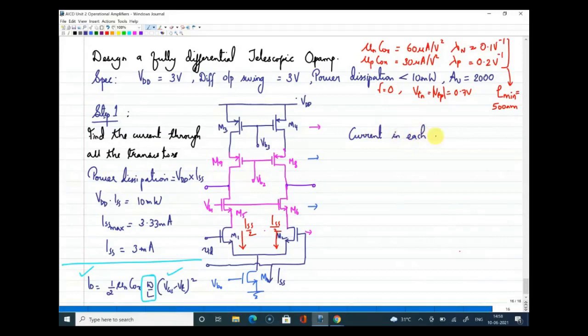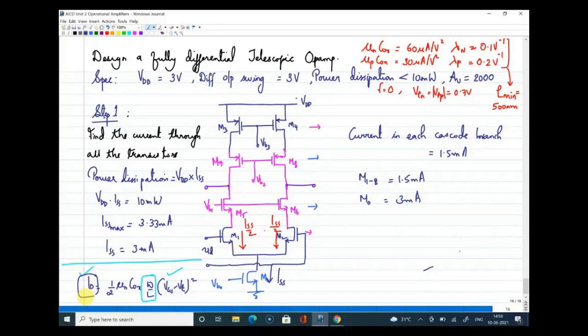So current in each cascode branch is equal to 1.5 milliamps. So that means transistors from 1 to 8 will carry 1.5 milliamps of current, and transistor 0 will carry 3 milliamps of current. So with this, we got the current flowing through all the devices, ID.